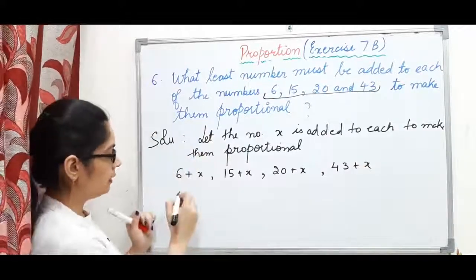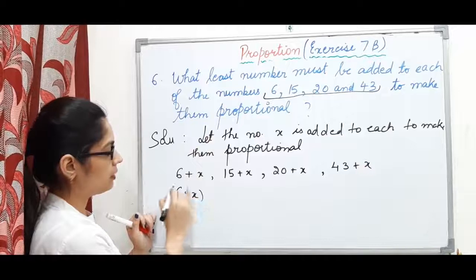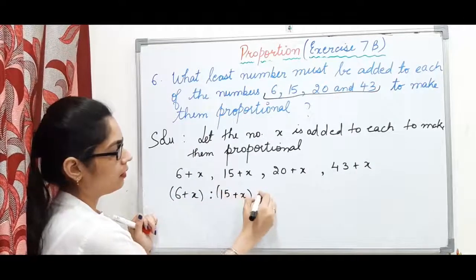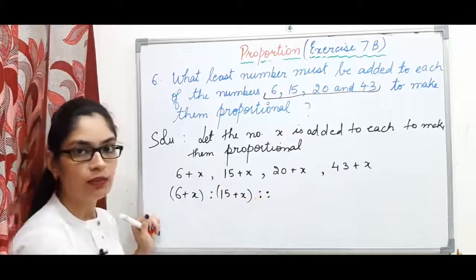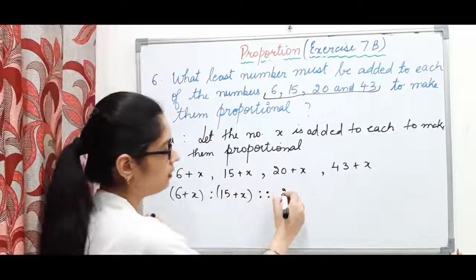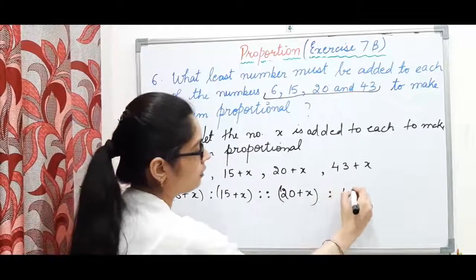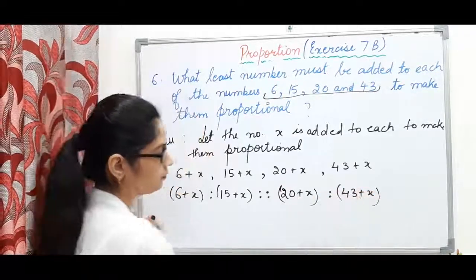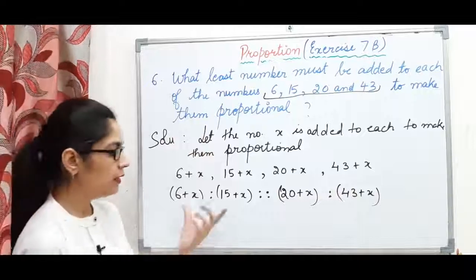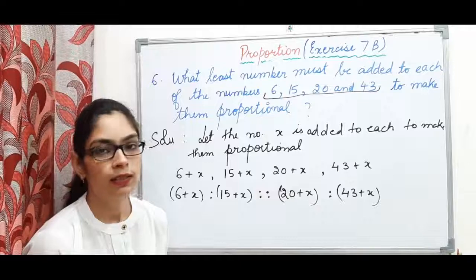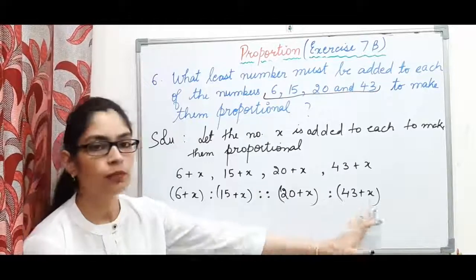Proportional means, I can write it in this way: 6 plus x is to 15 plus x, as 20 plus x is to 43 plus x. This is the sign of proportionality that we have already learnt. Proportional means the ratio of the first two numbers will be equal to the ratio of the last two numbers.